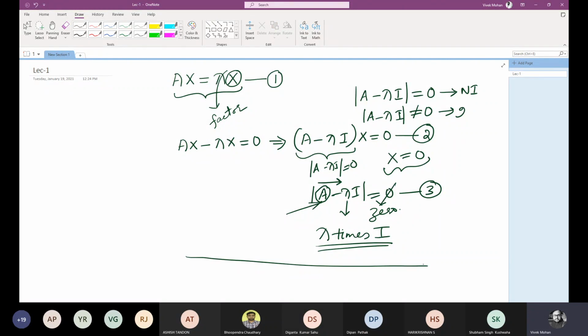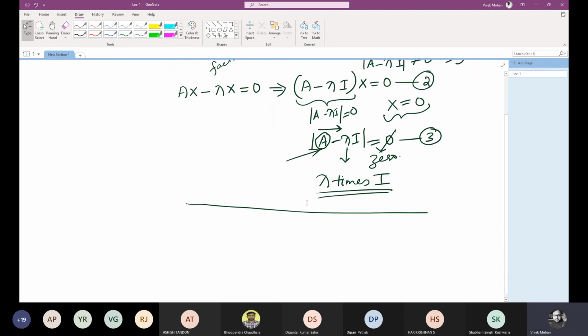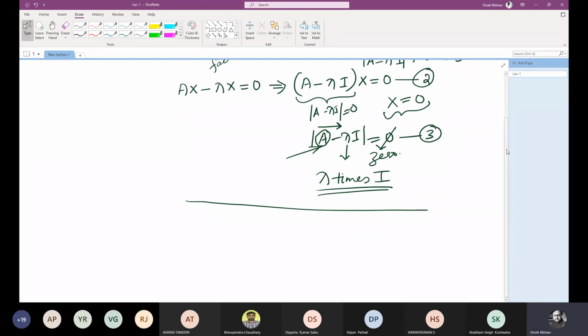We'll see how differential equations are solved, what the importance of dynamic analysis is with respect to the differential equation solution, and what its relation is to eigenvalue and eigenvector. Then we'll connect both and see why it is used. So let's consider a differential equation dy/dt equals Ay.